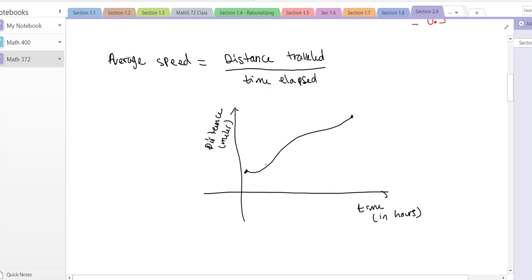So your distance, the distance covered over the time that it took to cover it. And so in general, we're going to say if you travel a certain distance from point A to point B between these times, what will be your average velocity, your average speed?